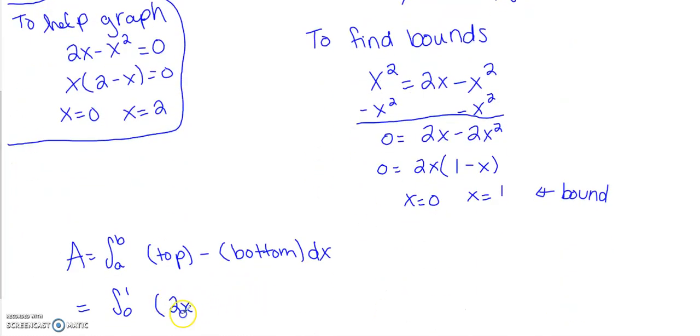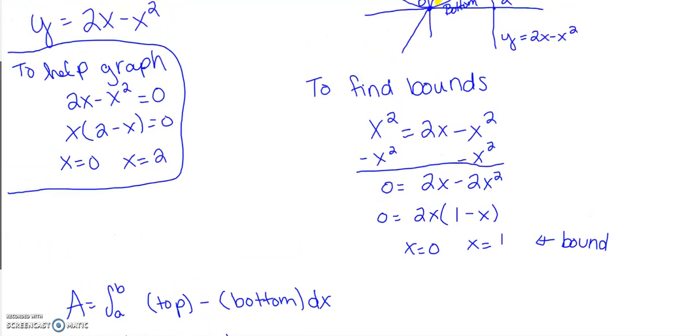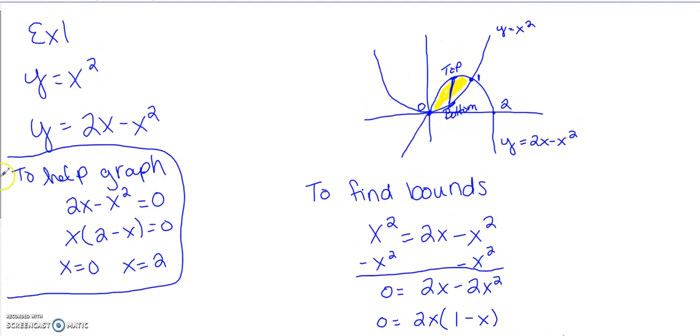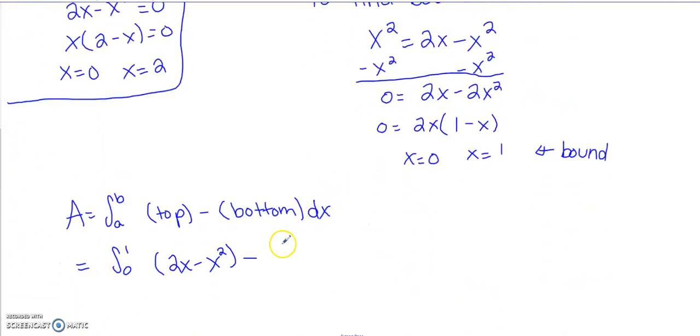So 2x minus x squared, minus the bottom. And my bottom function is x squared. So minus x squared. Now, here's one of two steps for calculus.